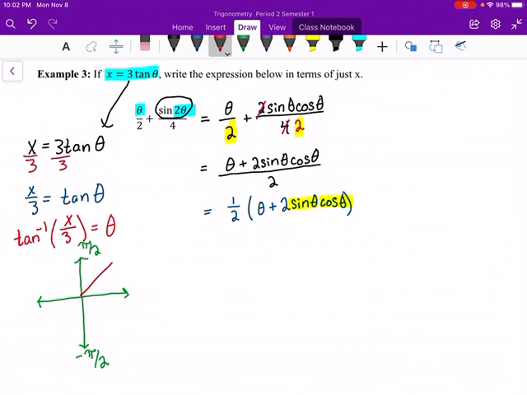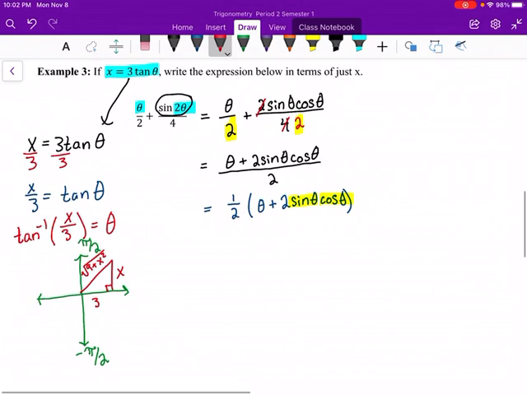So this is going to be in our first quadrant, which is x over 3. We're going to use Pythagorean theorem to find our missing side, which would give us the square root of 9 plus x squared. And we know this is theta.